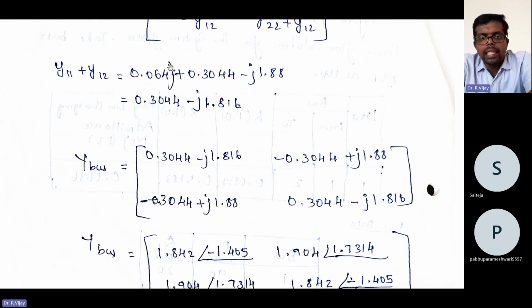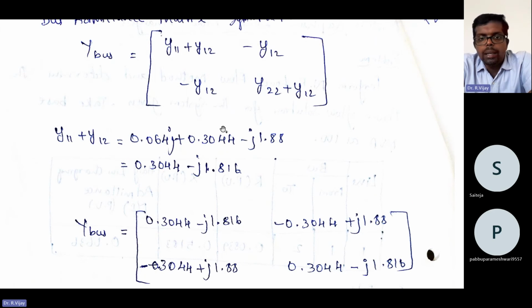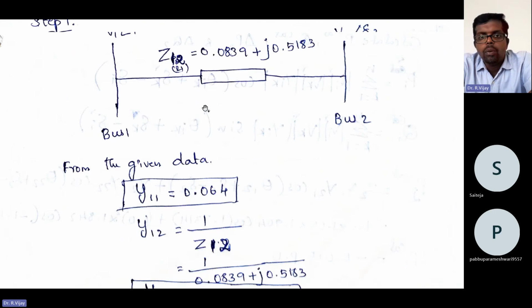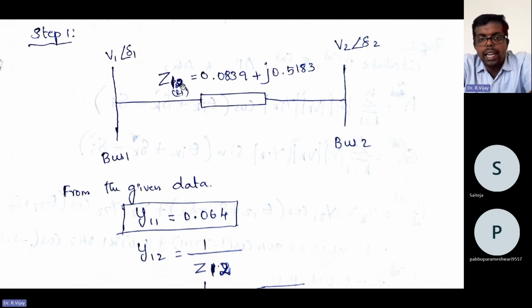So by adding that, we get 0.064 plus j 0.0344, which we already calculated, plus 0.3044 minus j into 1.88. In this matrix, the self admittance is there, and this element is also there, so you need to add both.